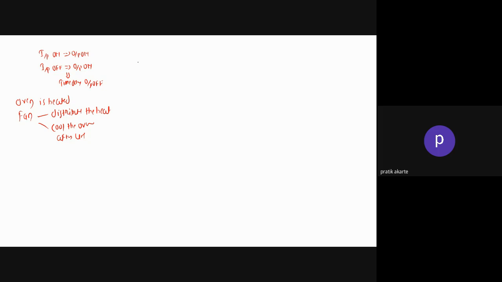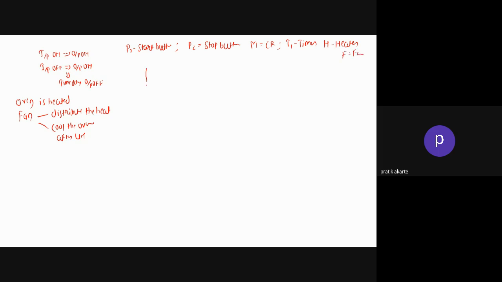Now for that, I'll be using P1 as a start button. Also, I'm having P2 as the stop button, and let us say M I'll be using as a control relay. T1 I'm using as a timer, H for heater, and F for fan.